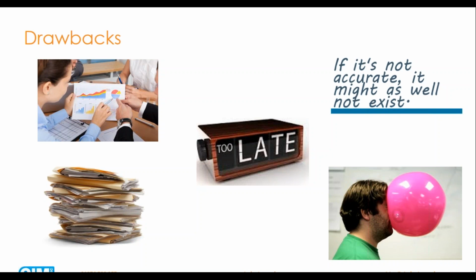Next quote, top right: if it's not accurate, it might as well not exist. I'm a true believer in that as a statement, although some would say that the benefit of a manual OEE recording system is to engage the operators in the process so that they understand the metric, they understand the calculation, they're involved in how it's put together, and that is true.